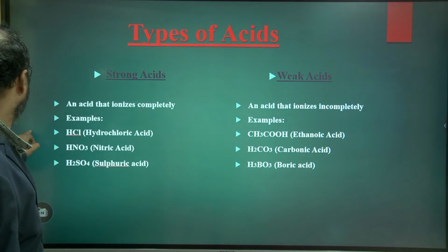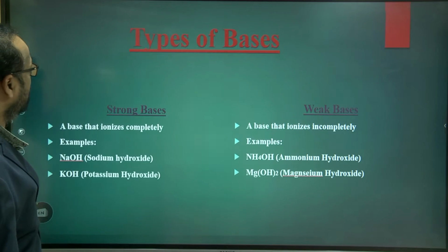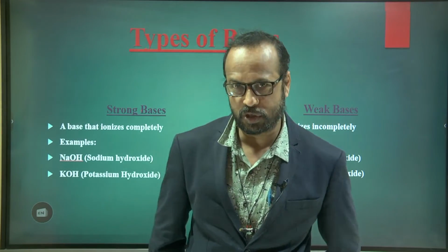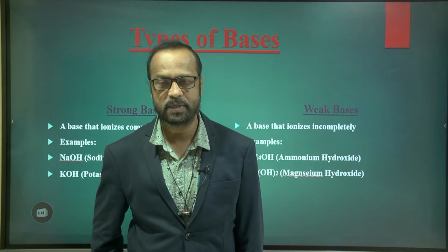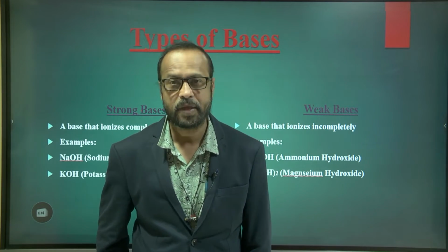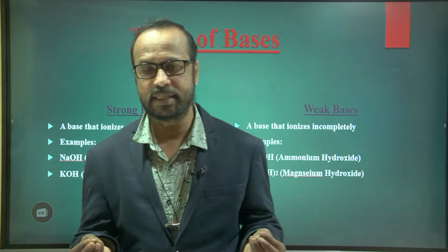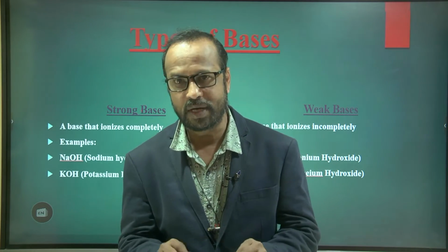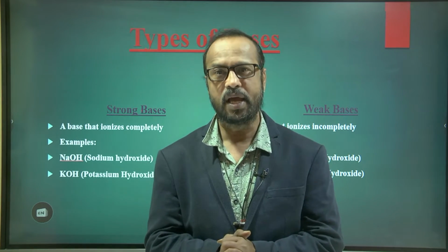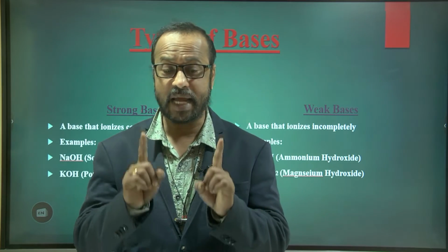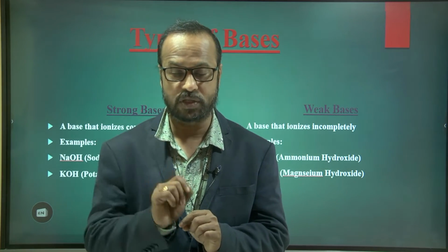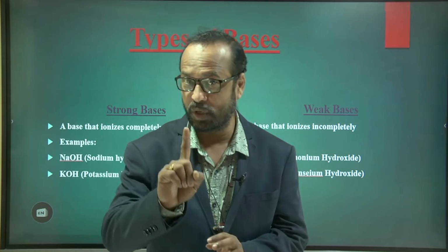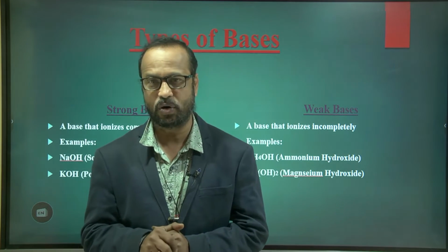Okay, then come to the next one, that is types of bases. Here bases are also classified into two types based on the strength: strong bases and weak bases. Definition remains the same. A base which completely ionizes in aqueous solution is called a strong base, which ionizes incompletely is called a weak base. Bases release hydroxide, OH minus ions, and all bases contain OH, remember, hydroxide.